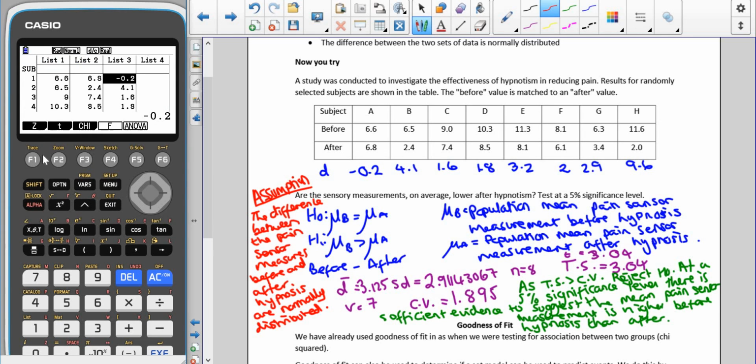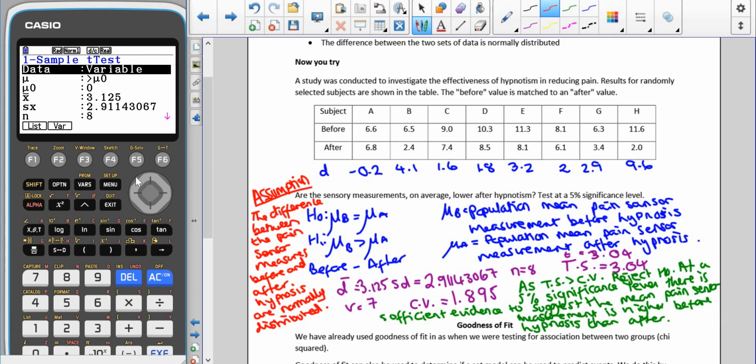Going into test T, 1 sample. This time it's a one-tailed test. So as you can see, I've got greater than 0 there. The mean is 3.125. The sample standard deviation and the number of pieces of data are written in there, which gave us 3.04 to 3 significant figures. Looking at our degrees of freedom, 8 minus 1 gives us 7.